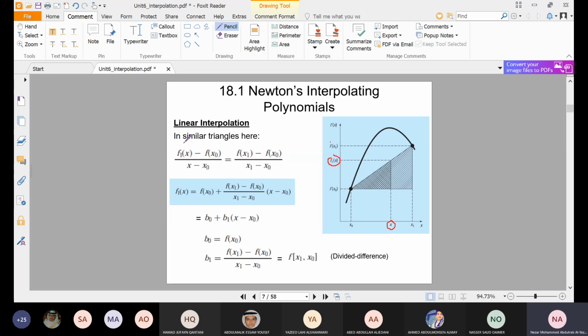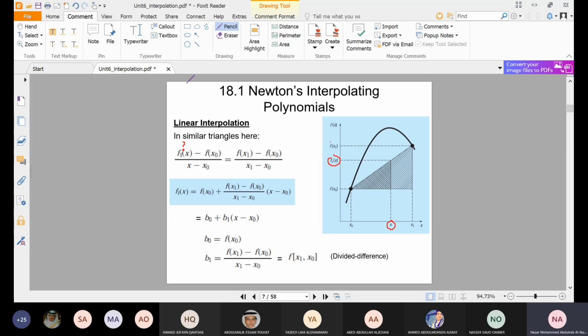Now this is unknown, we want to find it. By doing rearrangement, we will have this first order polynomial.